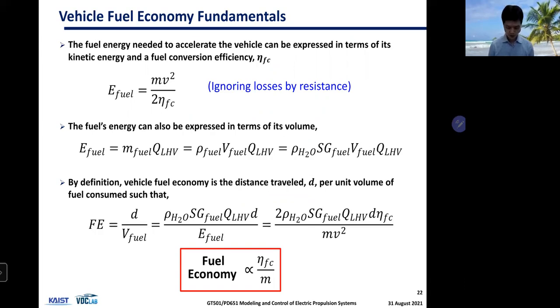So this equation here shows energy provided by fuel equals mv squared over 2 eta fc. And where is this coming from? Well, let's start with this equation here.